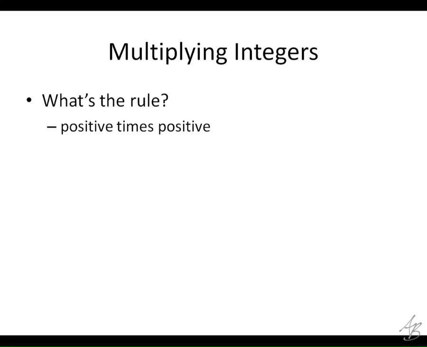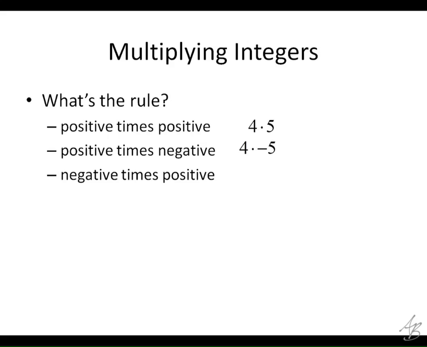So when we're multiplying, what's the rule? Positive times positive is going to be a positive. Okay, what's the rule when we have a positive times a negative? That's going to be a negative. Anytime you have a positive times a negative, it's going to be a negative. How about a negative times a positive? It's also going to be a negative. In fact, it means the same thing.